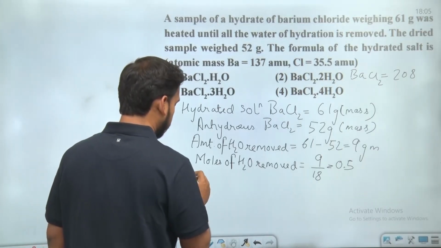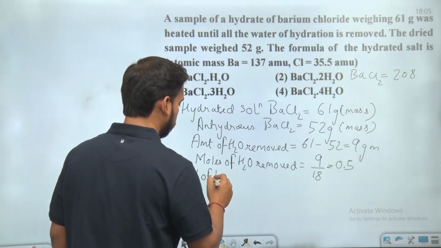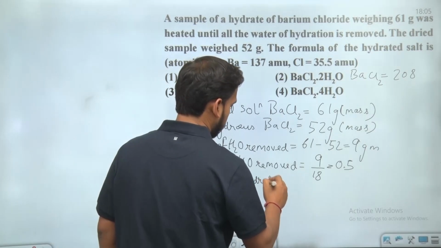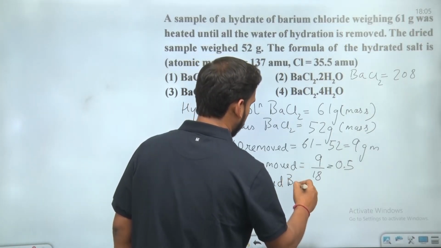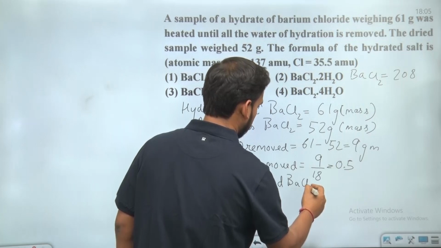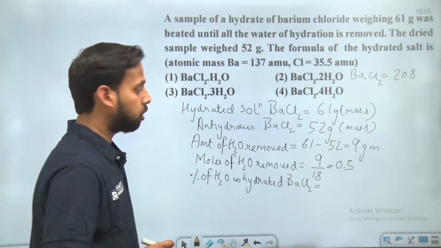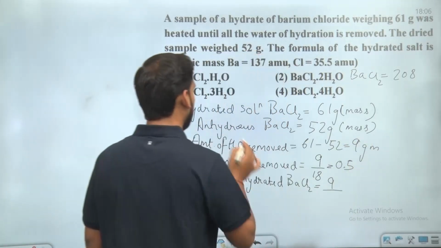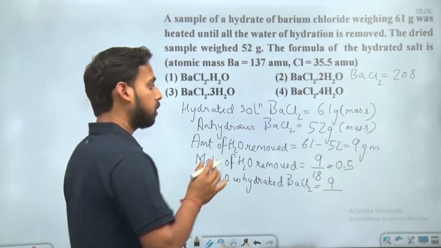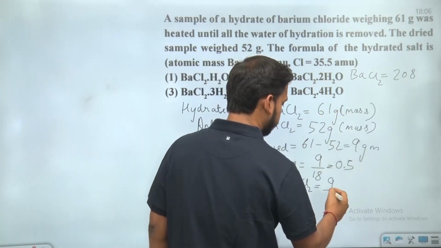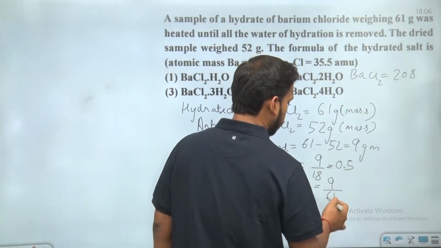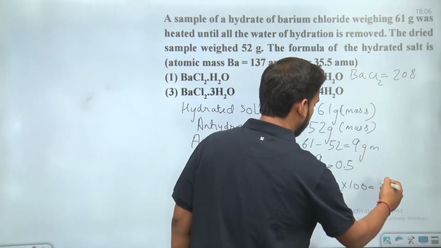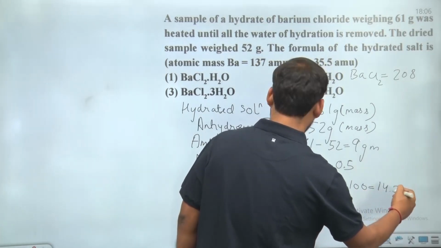So the percentage of water in hydrated barium chloride: the amount of water removed is 9 grams divided by the hydrated barium chloride containing 61 grams of mass. 9 divided by 61 into 100 comes out to be 14.7%.